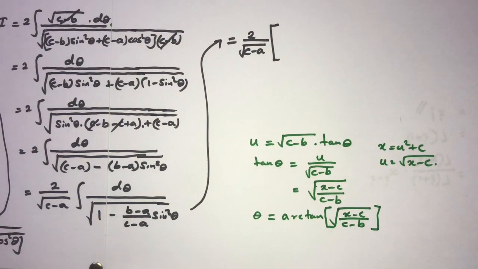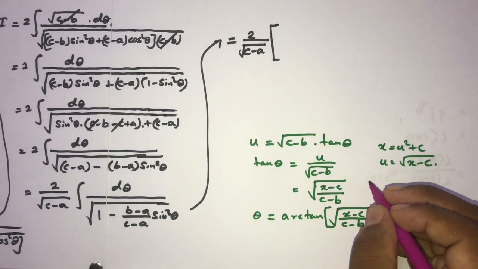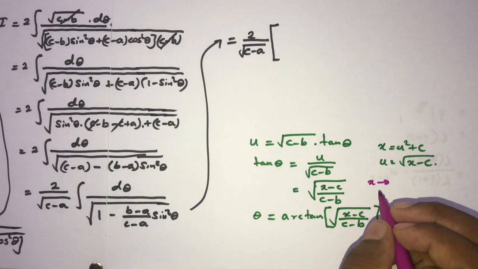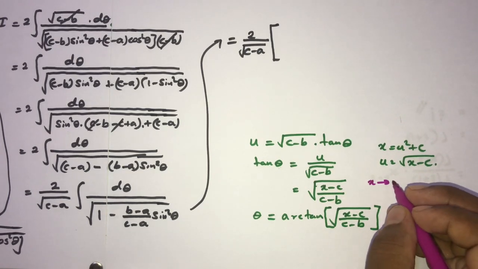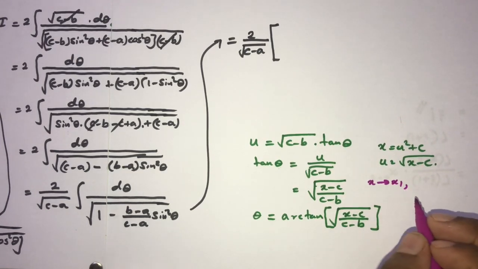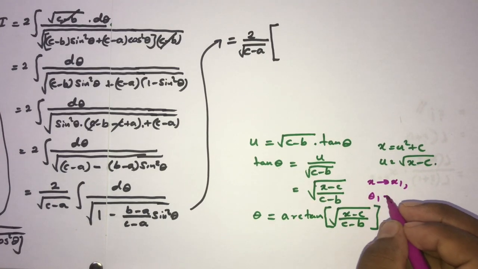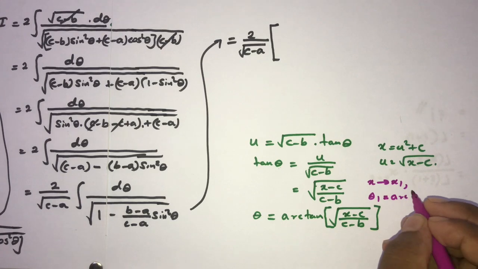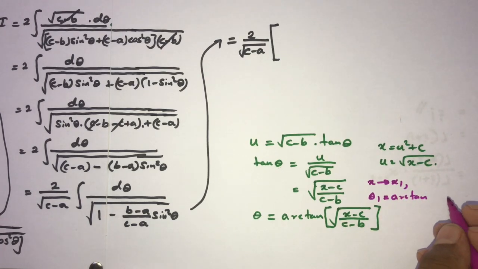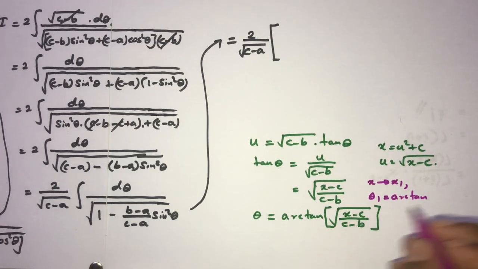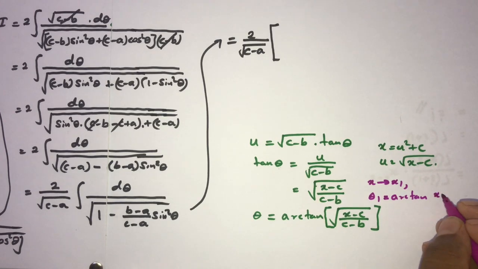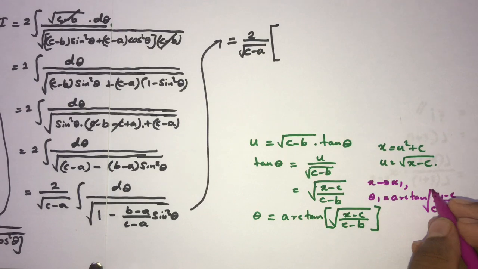Now we can take when x approaches the upper limit, when x approaches x1, we can write theta 1 is equal to arctan of, instead of x, x1 minus c over c minus b.